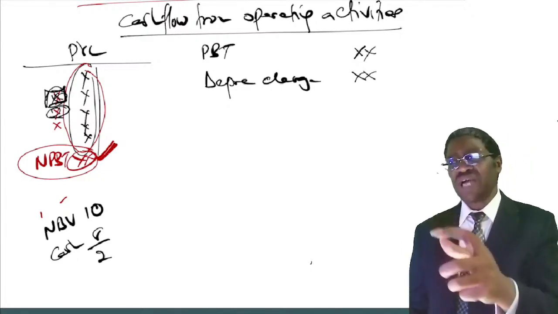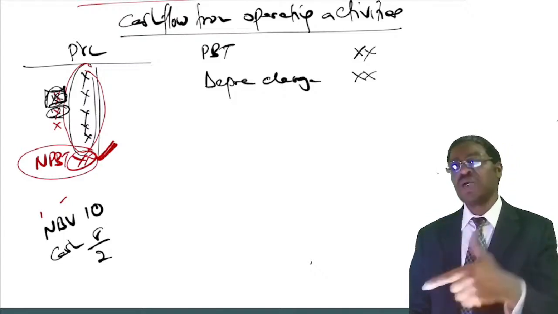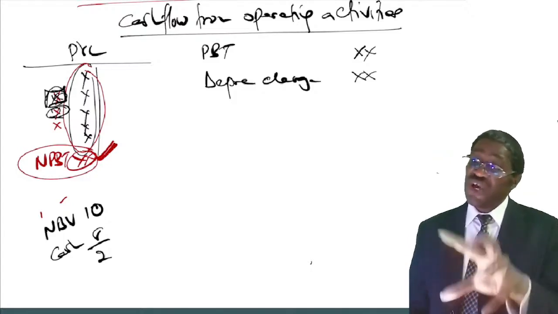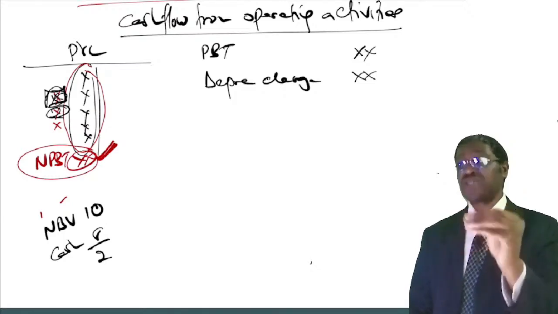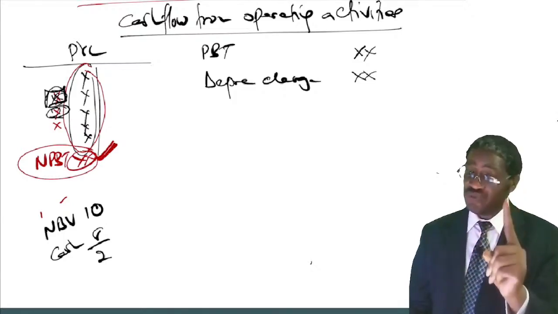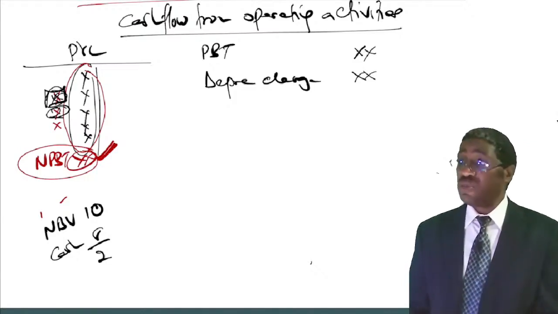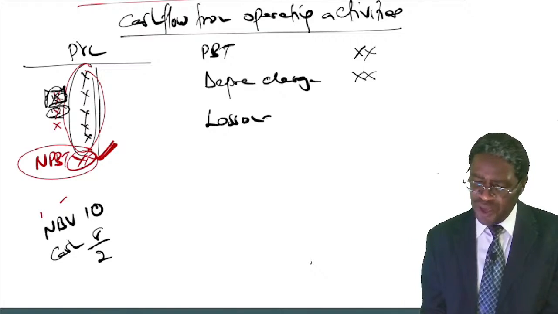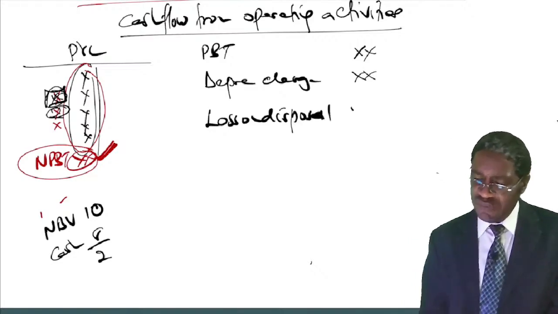What effect did it have on my profit? Did it make my profit more than it should be or less than it should be? Obviously, your expenses were more than they should be from the cash point of view. When expenses are overcasted, profit is undercasted. So with any loss on disposal, you will come and add back.